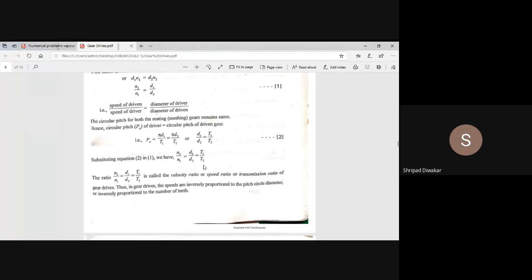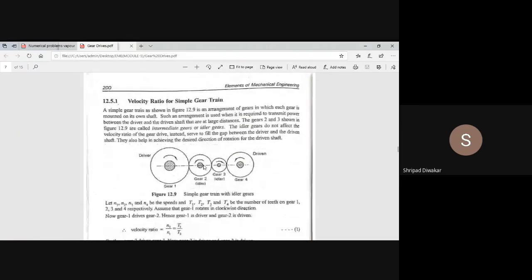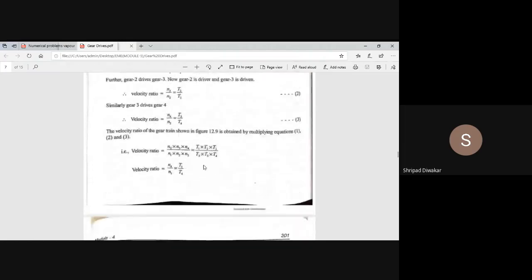This is the velocity ratio of a simple gear train, and it is the formula used to find the velocity ratio, diameter, or number of teeth on the driver or driven gear. N2 is the speed of the driven gear, N1 is the speed of the driver gear, D1 is the diameter of the driver gear, D2 is the diameter of the driven gear, T1 is the number of teeth on the driver gear, and T2 is the number of teeth on the driven gear. This is the formula you have to remember to solve the numerical problems.